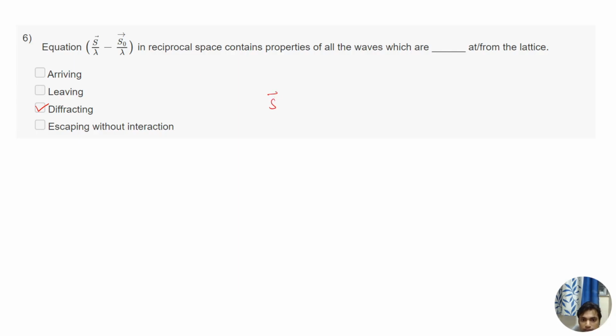What we have here is s by lambda minus s naught by lambda. This tells us about what is the wave coming into the lattice, so this shouldn't be diffracting. So this has the information of what is coming into the lattice.